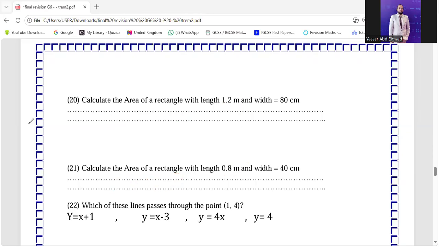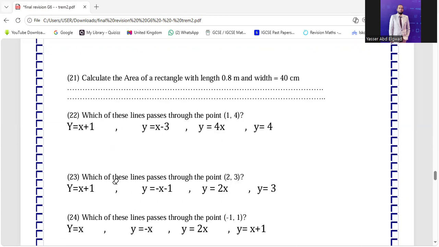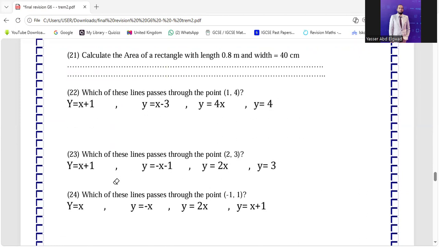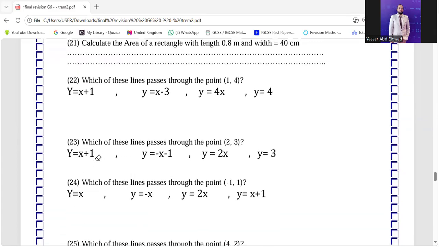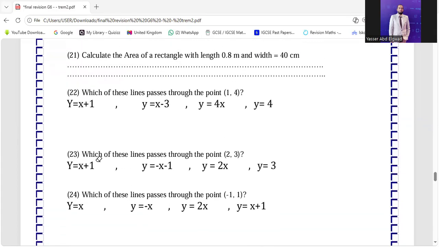The next one, number 22. Here is another idea. Which of these lines passes through the point (1, 4)? Here is how to do it. Just substitute x. If you get the value 4, it's passing through. If you didn't get the value 4, it's not passing through. If I put 1: 1 plus 1, we get 2, so not passing.